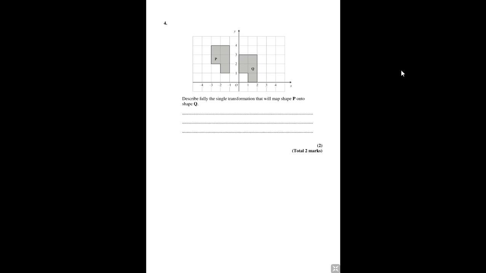How do you work this out? See, it's given as describe fully a single transformation that will map shape P onto shape Q. Just by looking at the question, you tell me which is the real object and which is the image.